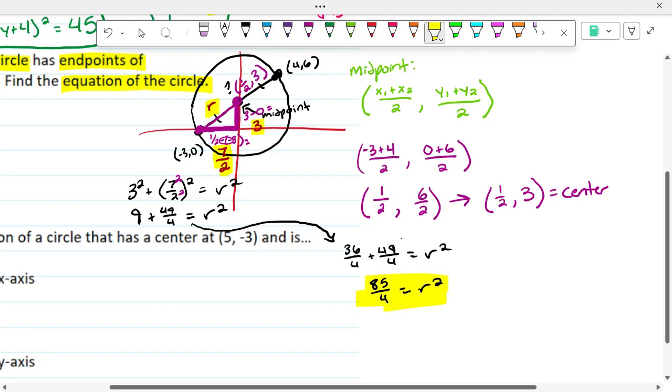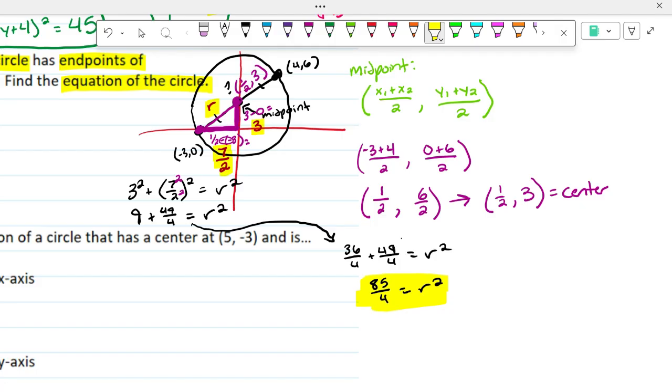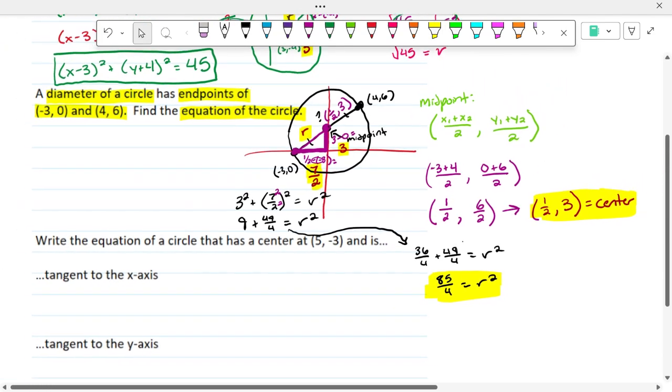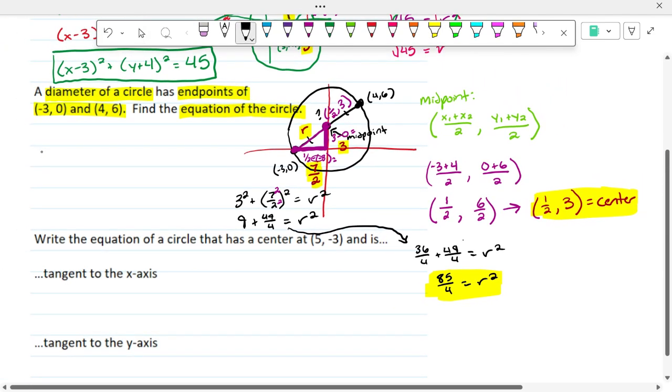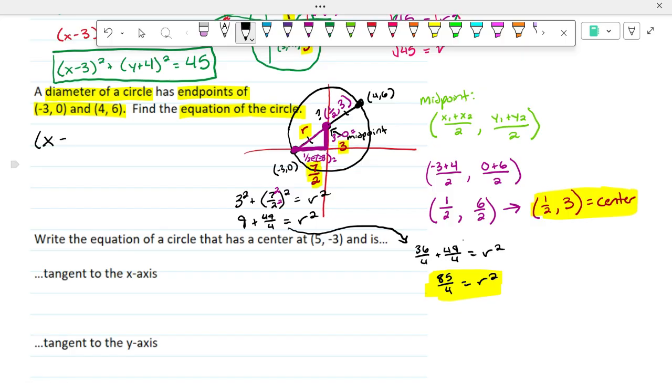All right, so here's my r squared, and here is my center, which is what I need for my formula for the equation. So what would my equation of the circle be? So it'd be x minus 1/2 all squared plus y minus 3 all squared, and it's equal to 85 over 4.